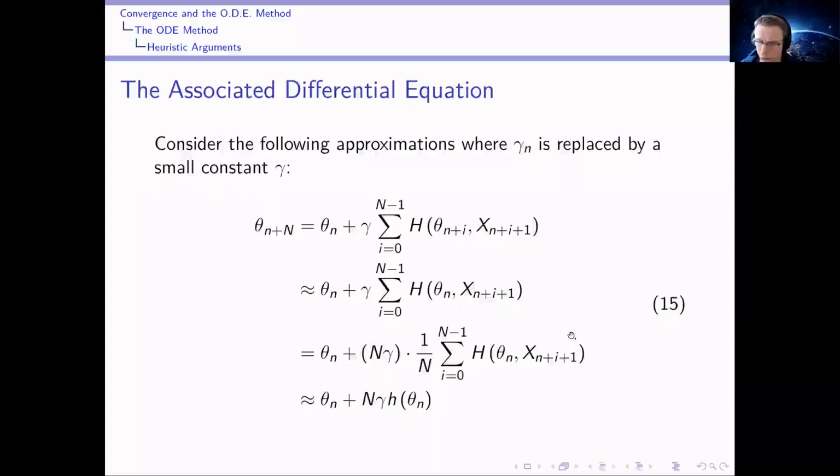We know that the state vector is independent of theta, and the measurement noise, of course, is IID, so it's reasonable to assume that the state vector has a stationary distribution. And then finally, if n is large enough, we can replace the sum with an expectation.